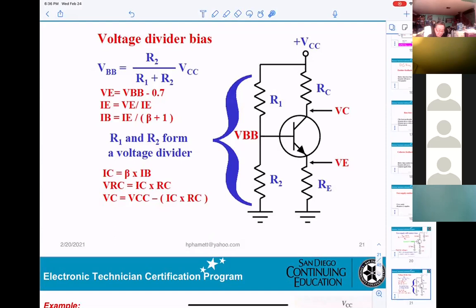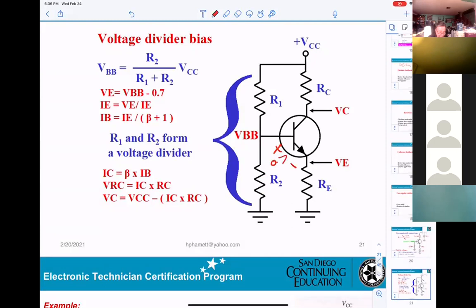Now, if I want to calculate the VBB here, I use the voltage divider: VCC times R2 divided by R1 plus R2. Then if I want to calculate the VE, you understand it right here, plus minus 0.7.